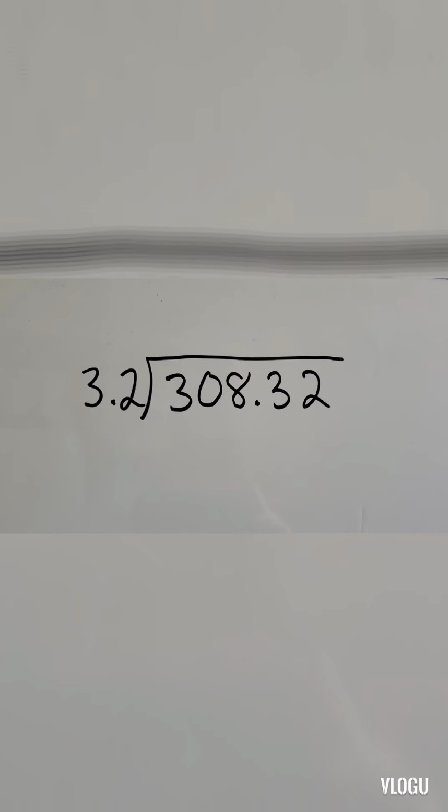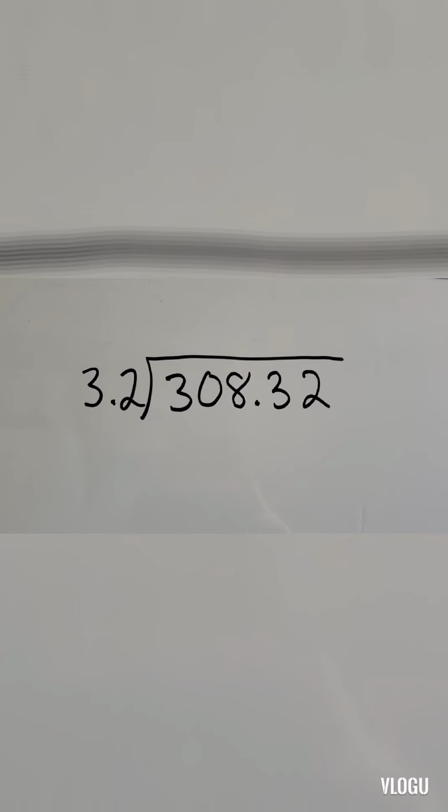Now here's a 0. I can't take 9 from 0, but I can borrow from that. It makes that a 0. It makes that a 1. So it's a 10. 10 minus 9 is 1. My answer is 16. Is 16 smaller than 32? It is. So my 3 was a good guess.